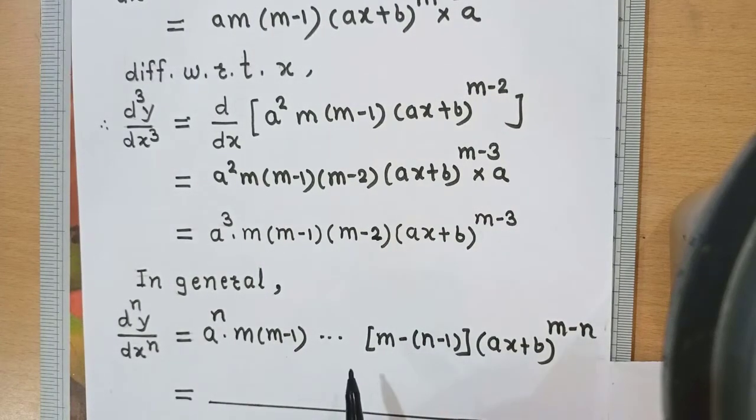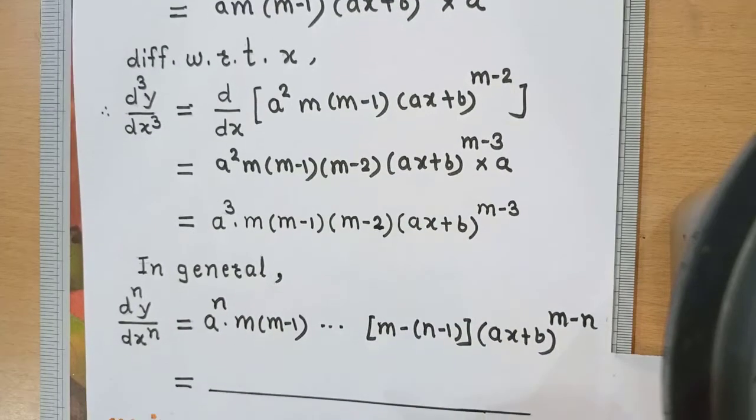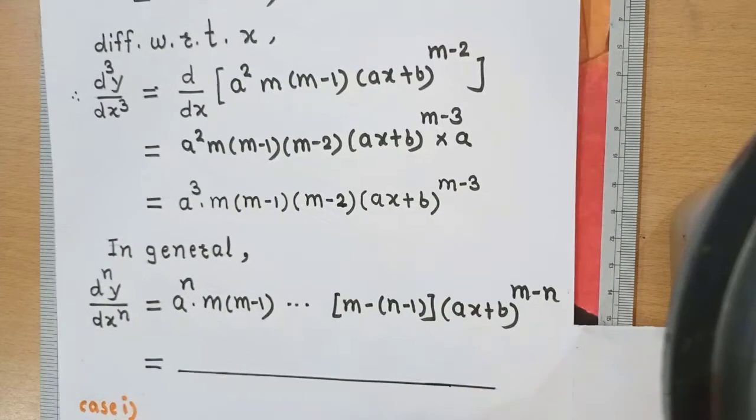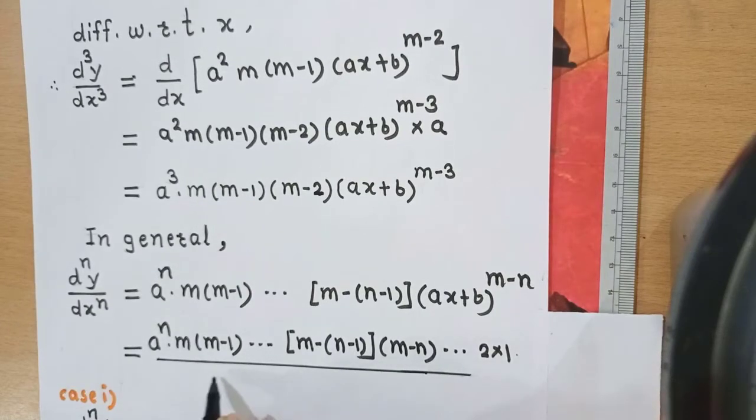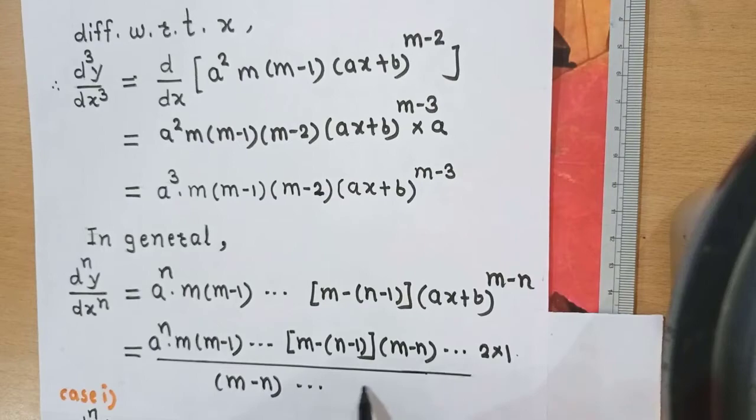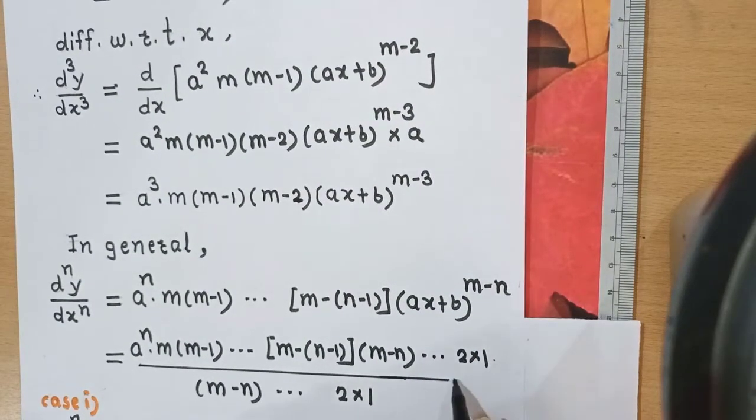So again we will simplify this. We will multiply terms up to 1 in the numerator and denominator. So we have multiplied extra terms in the numerator, so in the denominator also we will write the same, up to 2 into 1, and this term is as it is.